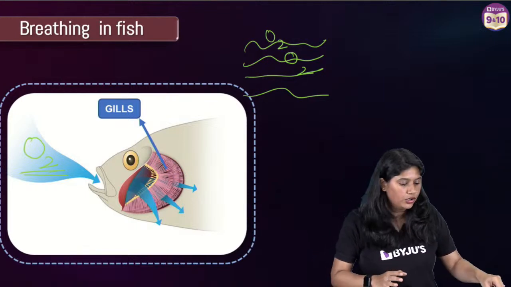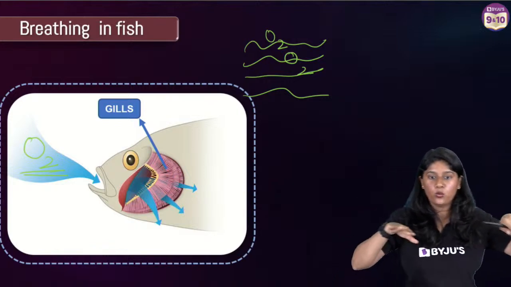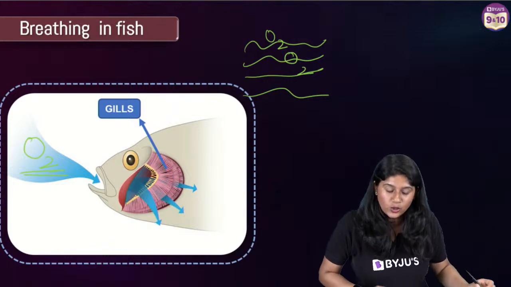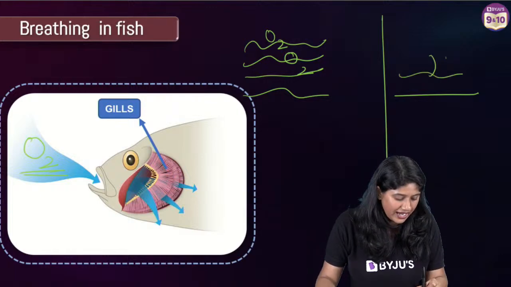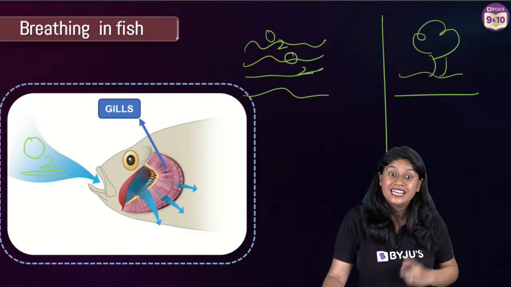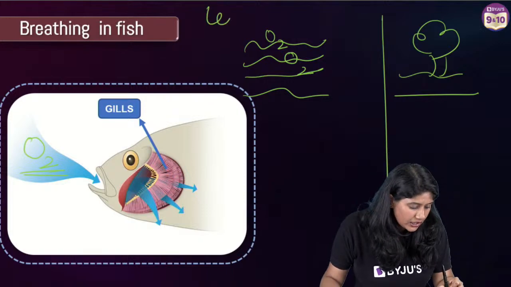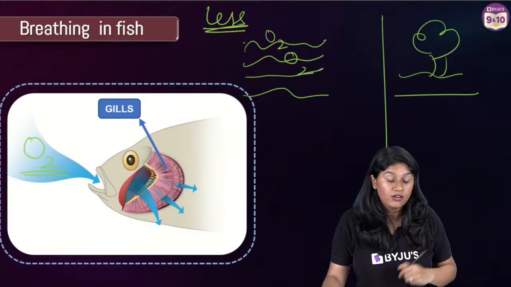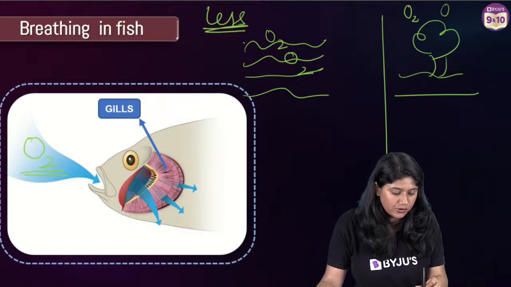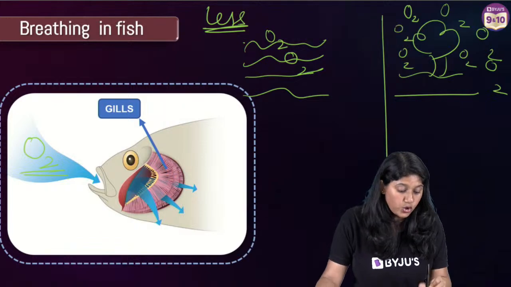For example, this is the land, we have the trees, and this is water. Where will you have more oxygen? Less in the water, right? So in the water, we have less dissolved oxygen. We have more air on the land because, of course, more area, and of course we have more oxygen.